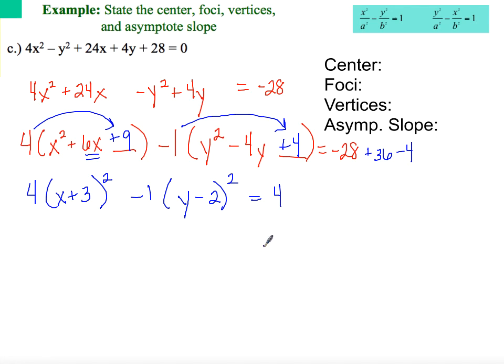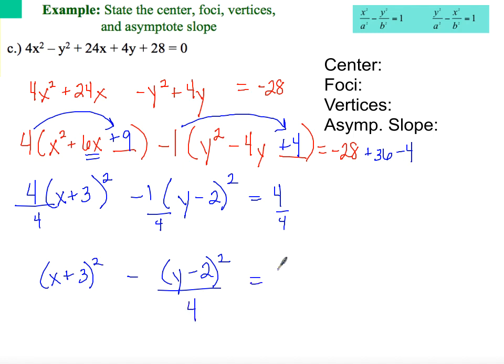Still want to get this into our standard form of the ellipse, or standard form of the hyperbola, rather, which is going to need to be set equal to 1, just like the ellipse was. And so we're going to divide every single term by a 4. And when I do that, I have x plus 3 squared minus y minus 2 squared over 4, and that's going to be set equal to 1.